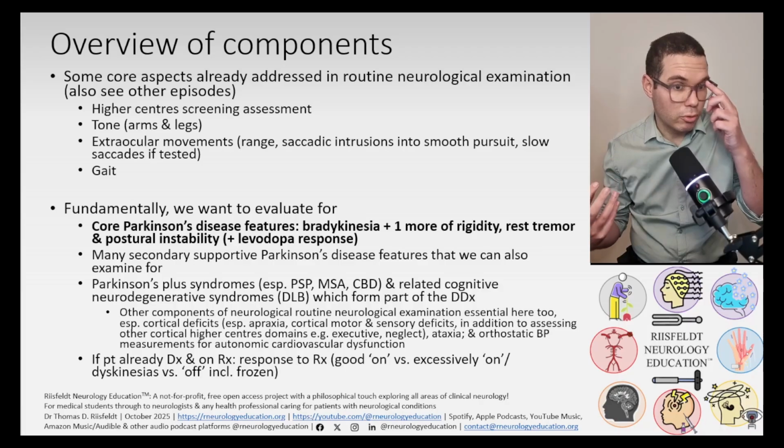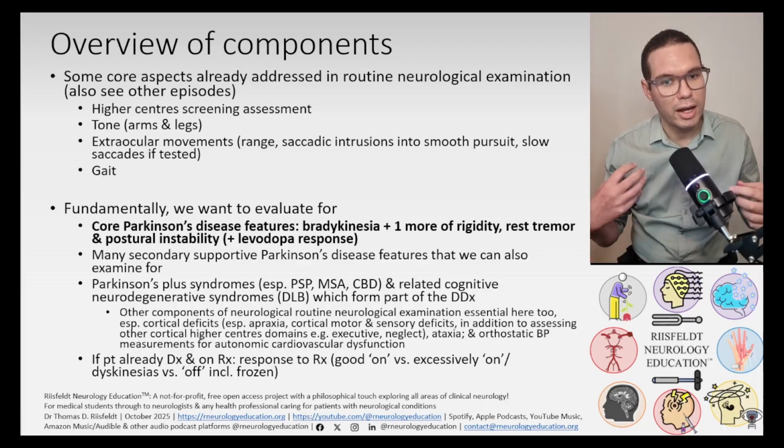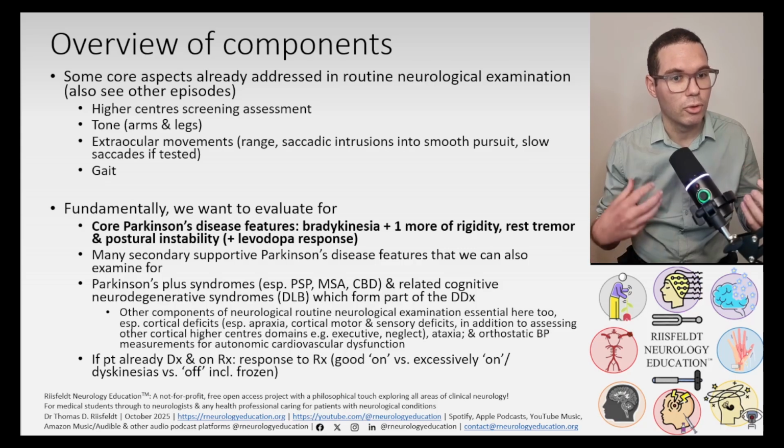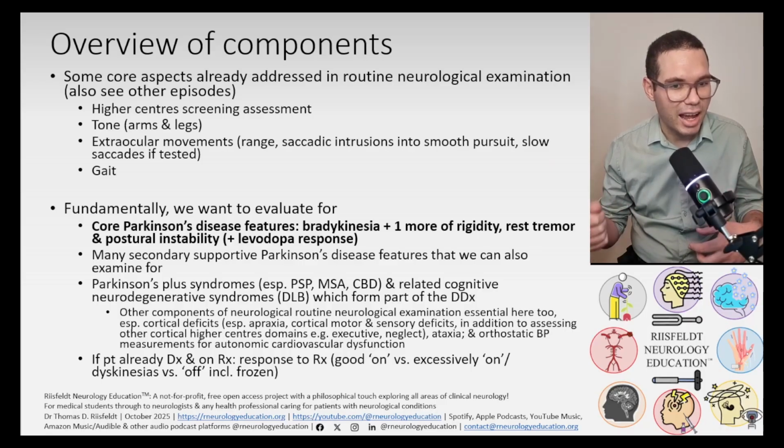But extrapyramidal syndromes are not limited to Parkinson's disease. There are also the atypical Parkinsonian syndromes, or the Parkinson's plus syndromes, the three main ones of which are PSP, progressive supranuclear palsy, MSA, multiple system atrophy, and CBD, corticobasal degeneration, or some people say CBS, corticobasal syndrome.